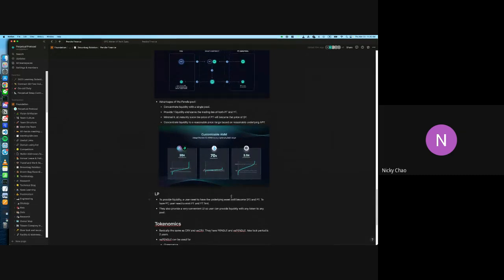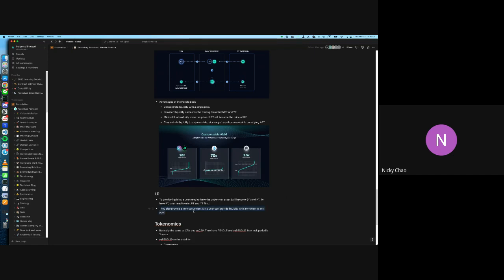Since they only have the pool for PT and SY token, if you want to provide liquidity on Pendle Finance, you need to somehow have PT and SY tokens in your wallet. And the SY token is just the underlying asset, so that's simple. To have some PT, you will probably need to buy it from the AMM pool, or you can mint the PT and YT with your SY token first.